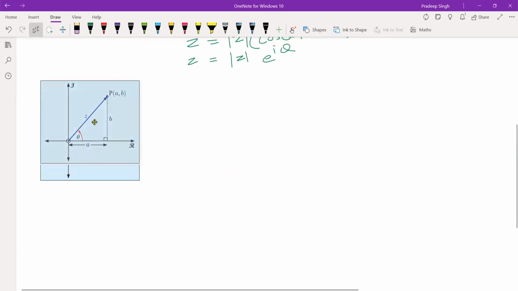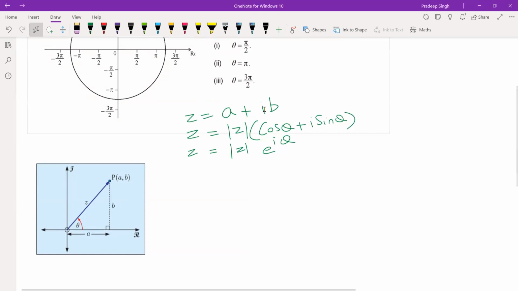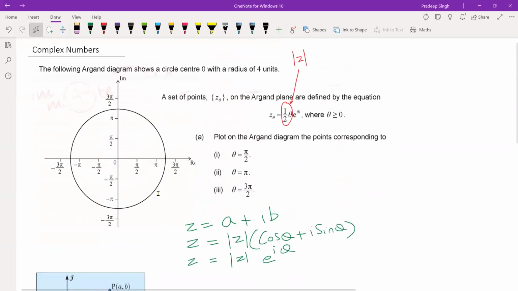Have a look at this diagram. If you have a complex number z in the form a plus ib, a is the real part and b is the imaginary part. The angle which the complex number makes with the positive real axis is called the argument. So this particular angle theta is the argument.